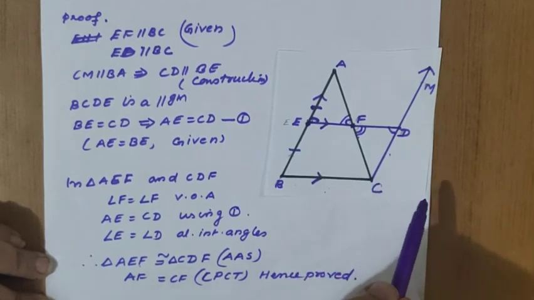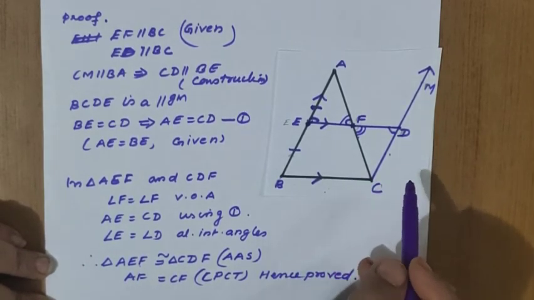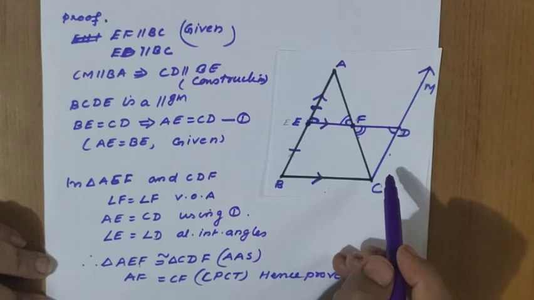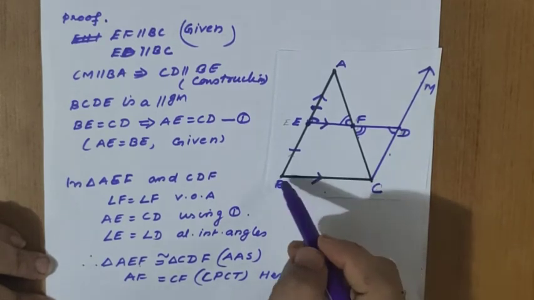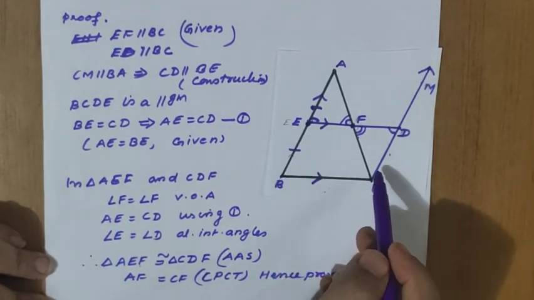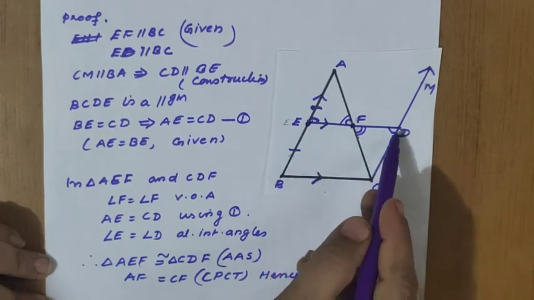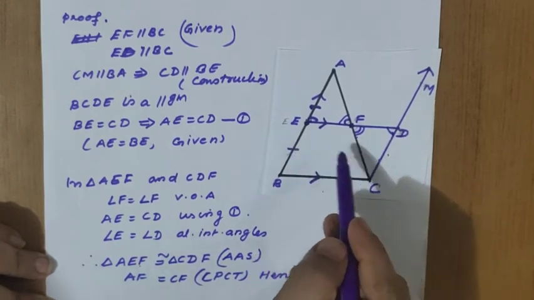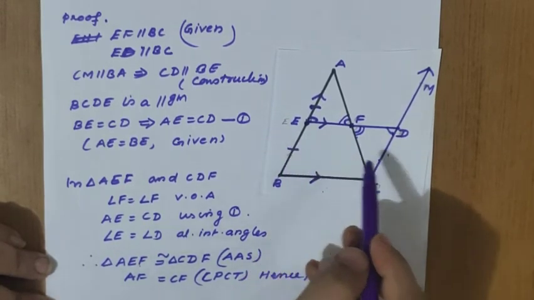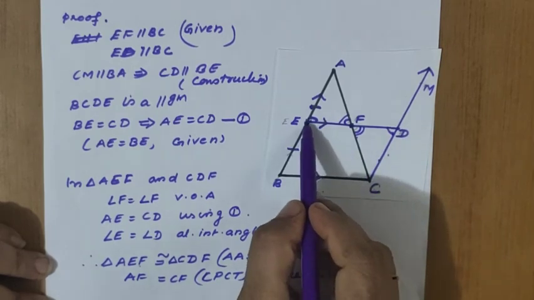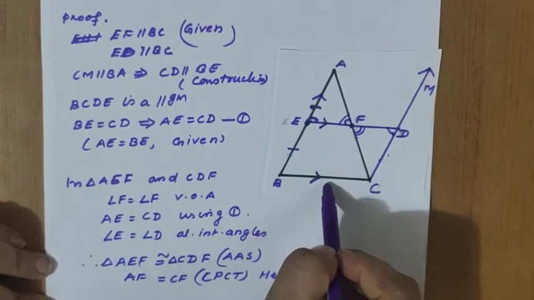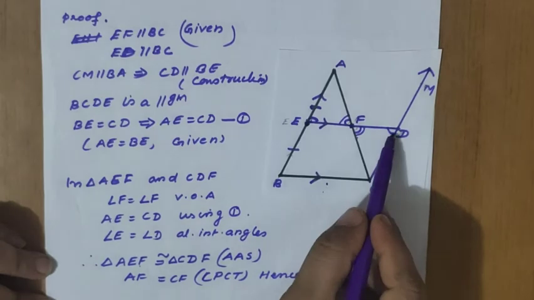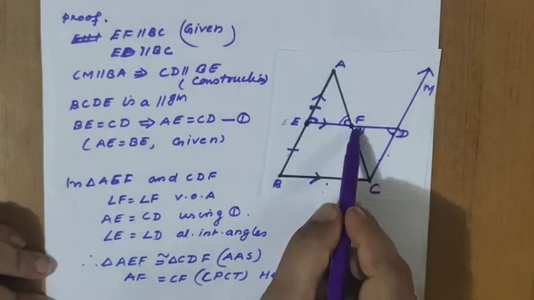AF equals FC. For that, what do we have to do? We have to draw a parallel line, that is CM parallel to BA. If CM is parallel to BA, this pair of opposite sides is parallel. Already by the given part, EF is parallel to BC, and EF we are extending, so this is also parallel.